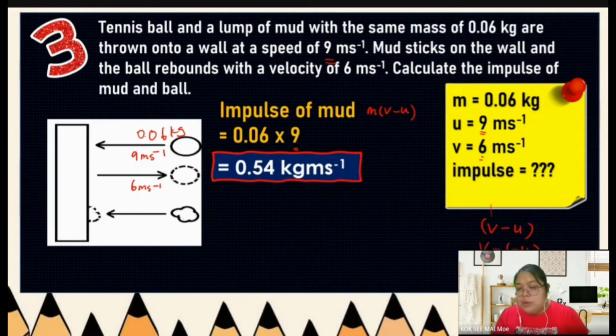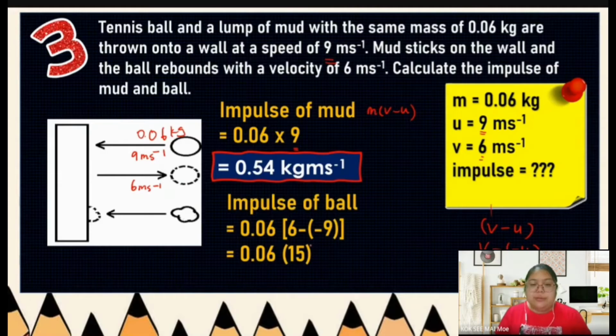So remember, we take the initial velocity as the negative direction, so I take this one negative. I take the right-hand side as positive. So I can apply the formula already. Impulse of the ball, mass is the same, 0.06. 6 is the final velocity, positive direction.